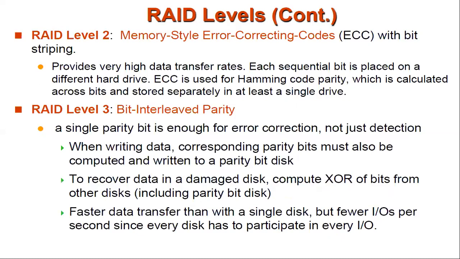Okay, so at the time of writing each and every bit across multiple disks in the RAID arrangement, there is a possibility of errors occurring. So to find a specific error, whether you are storing the bit values exactly in the multiple disk places, you can apply this error correction coding mechanism, that is memory-style error correcting code, ECC, right? This ECC actually uses Hamming code parity.